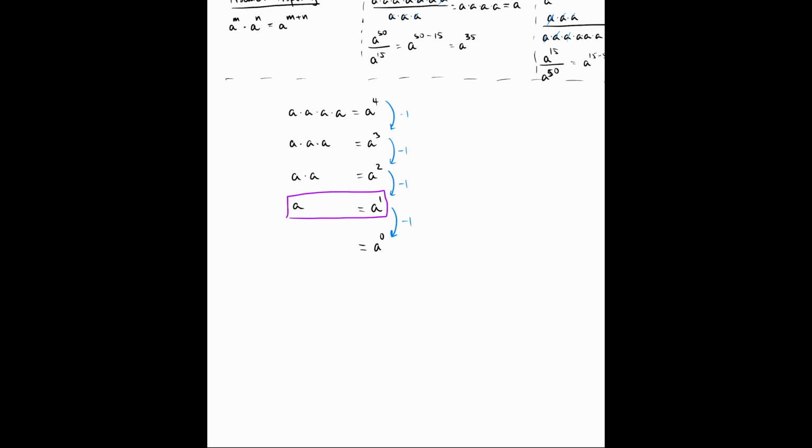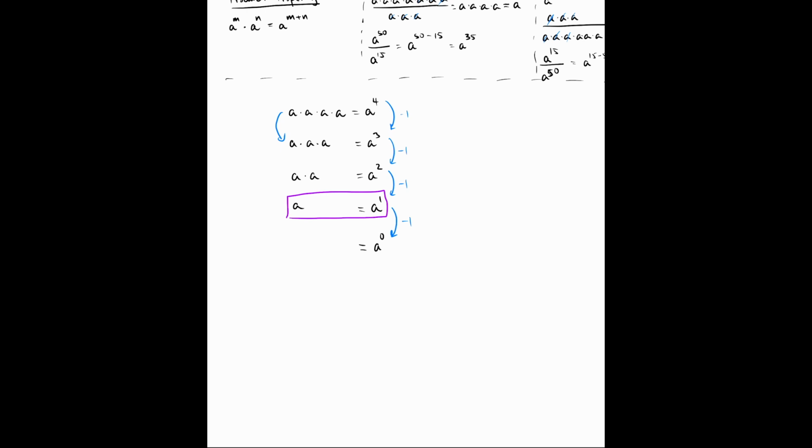Now, for that, we need to actually understand what's happening from one step to the next here. Now, we know what's happening on the right side. We're subtracting the exponent by 1. But what's happening on the left side of these equations? Well, we are actually dividing by a.